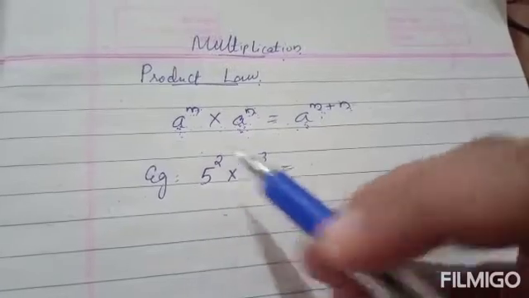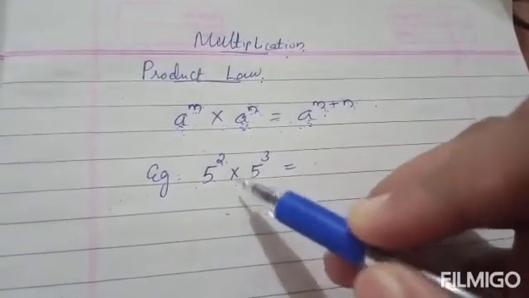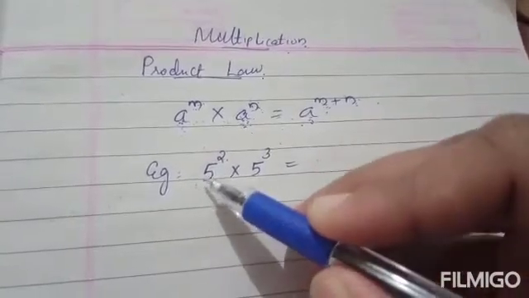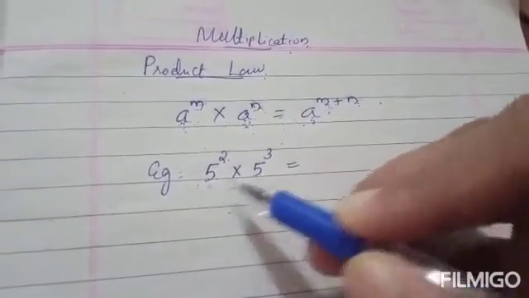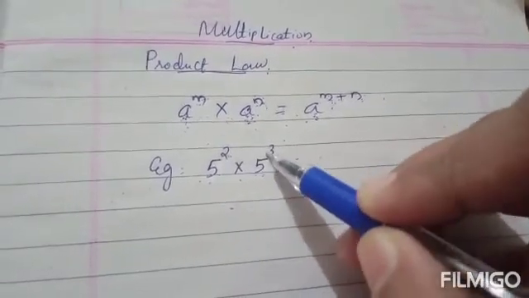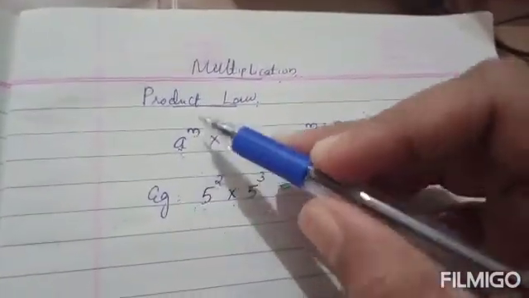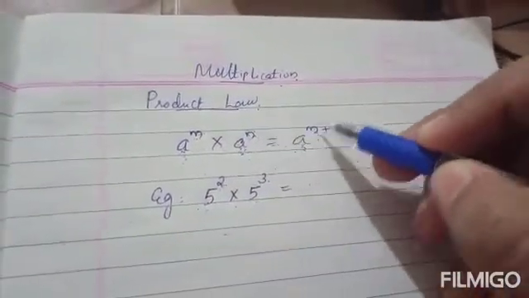So let's take one example: 5 raised to the power 2, or 5 squared, into 5 cubed. Here the base in both numbers is 5 but the powers are different, 2 and 3. So what will be the answer? We know that a raised to m into a raised to n equals a raised to m plus n.